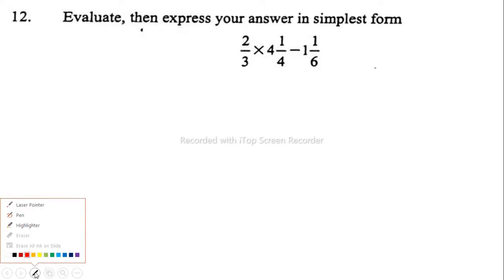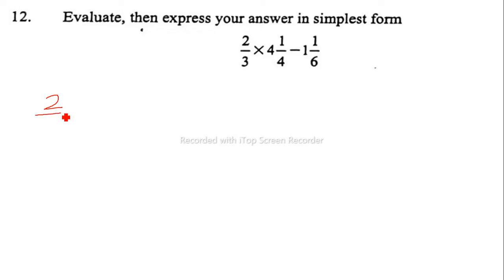Okay, so we have 2 over 3 multiplied by 4, which is the whole number, and 1 over 4. And we're going to subtract 1 and 1 over 6.